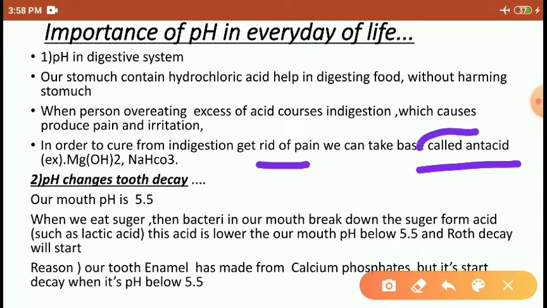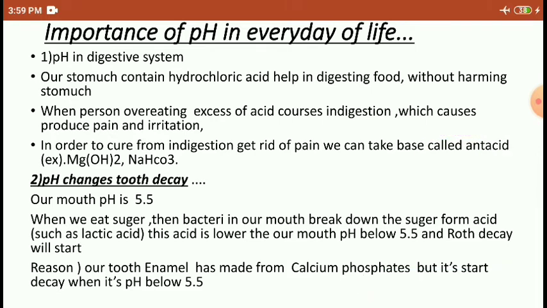Antacids contain a high hydroxyl ion concentration, while hydrogen ions are high in number in our stomach. So hydrogen ions are neutralized by the hydroxyl ions present in the antacids. Right, students?